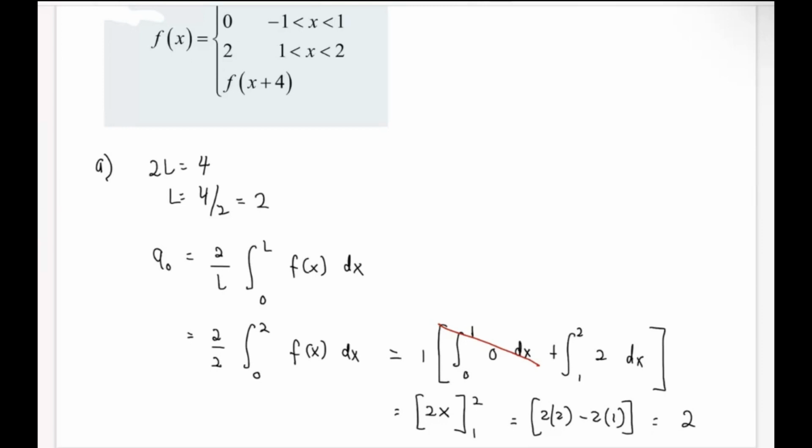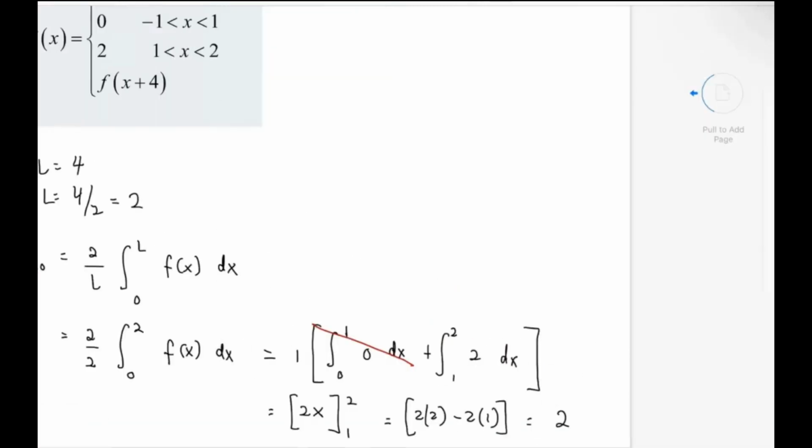Next, we want to find an. So an is given by 2 over L from 0 to L f(x) cos n pi x over L dx. So L is 2.